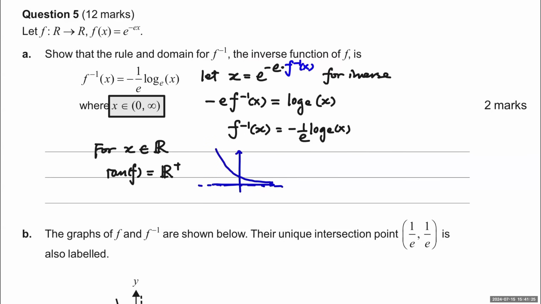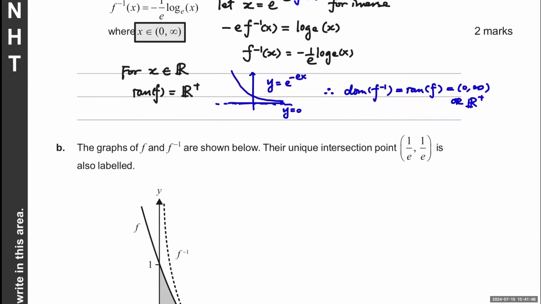This is a decreasing exponential function, y equals to e to the power minus ex, okay? This is y equals to 0. Therefore, the domain of f inverse is the range of f, which is 0 to infinity, or R plus, okay?